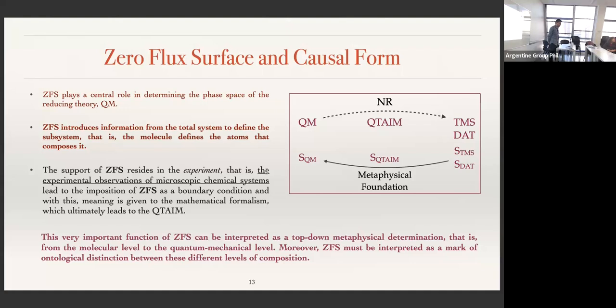Otherwise, you have no proof of experiment. And this is very much discussed between chemists and sometimes between philosophers. So there is no experiment upon which you can rely. The only experiment we have is about electronic density. And as you know, the meaning of the electronic density is still under discussion.